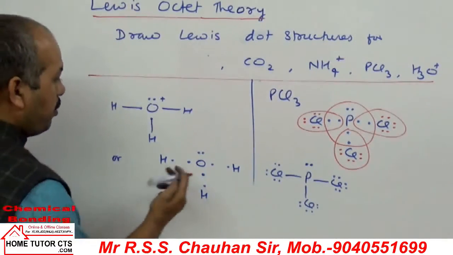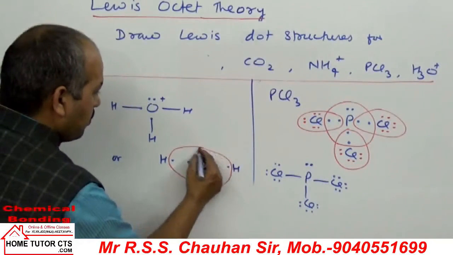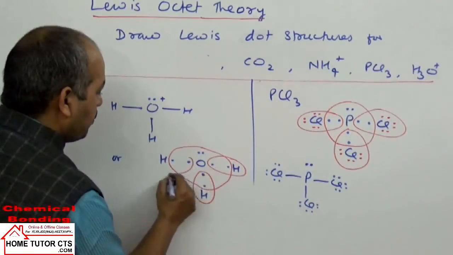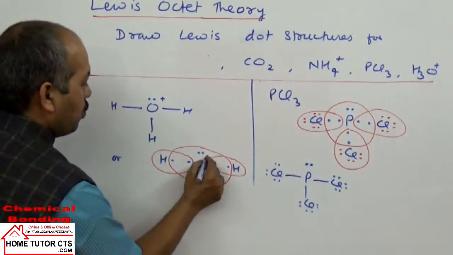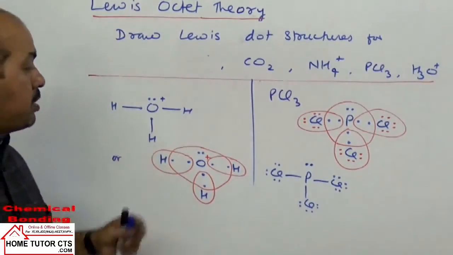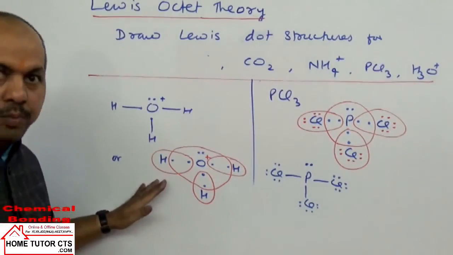Here O will have a complete octet by sharing of electrons, and hydrogen has a duplet, and O will have plus 1 formal charge as well. It is H3O plus, the Lewis dot structure. I hope it is clear.